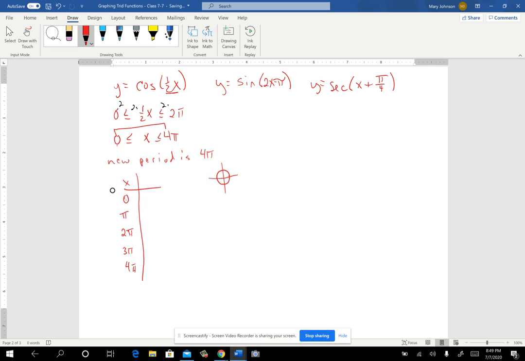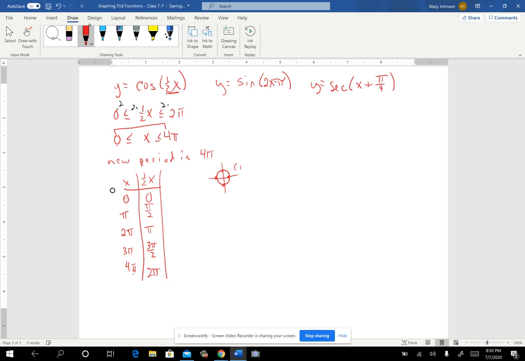This interior part is really now 1/2 x. So when you do 1/2 x on each of these, see how you're going to be back to those key points that we had in the basic one? That's what happens. And so the value of the output for these new 5 key points would be the same as what you would get as you move around that unit circle.